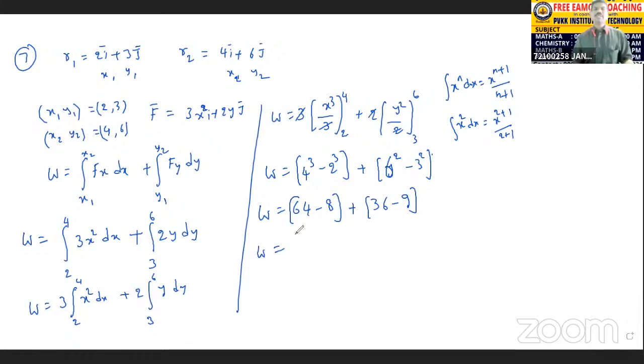So 64 minus 8 is 56, and 36 minus 9 is 27. Adding these two, 56 plus 27, we get 83. What are the units? Work done is equal to 83 joules.